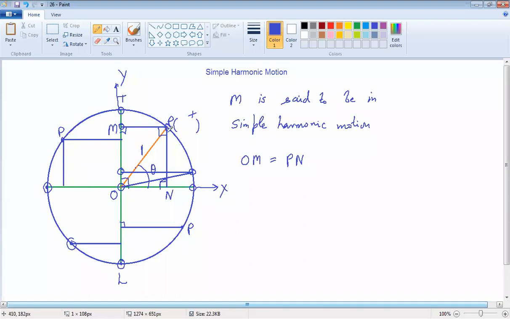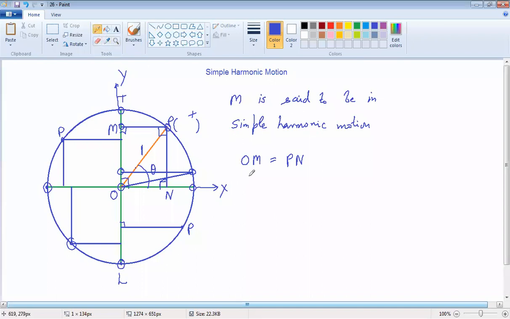But when the point P moves to the third quadrant, then the y coordinate becomes negative. This displacement we are talking about, the OM displacement: as far as the displacement is upwards, we want to take it as positive, and when the displacement is downwards, we want to take it as negative.